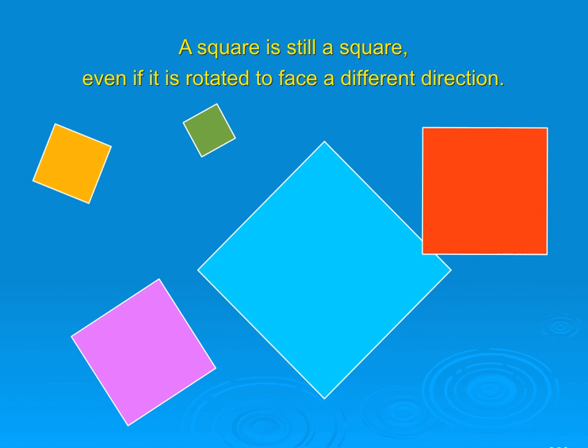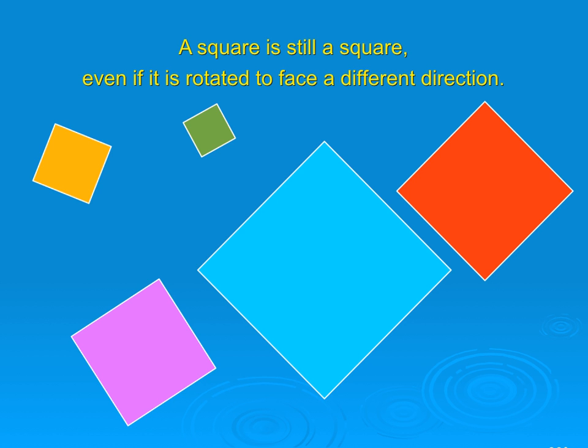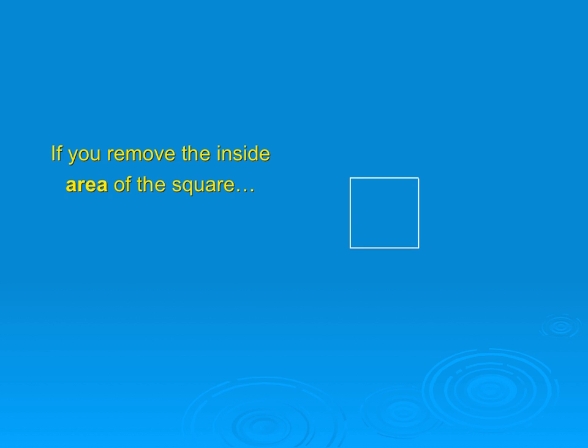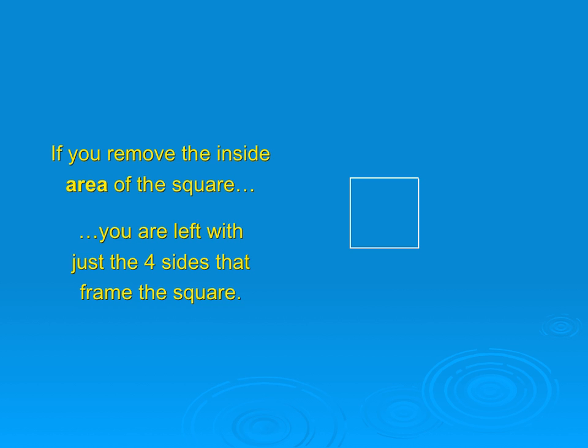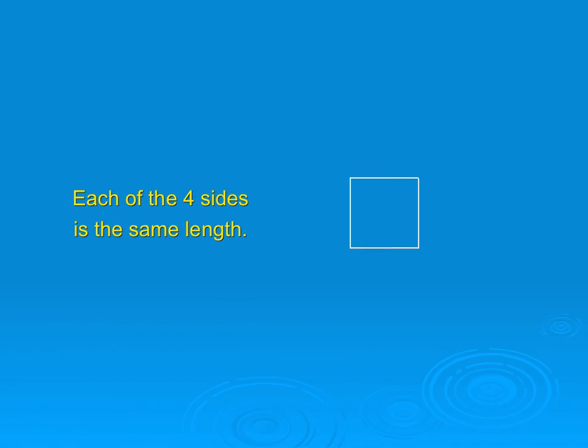It can be rotated, and it's still a square. If you remove the inside area of the square, you're left with just the four sides that frame the square. Each of the four sides is the same length.